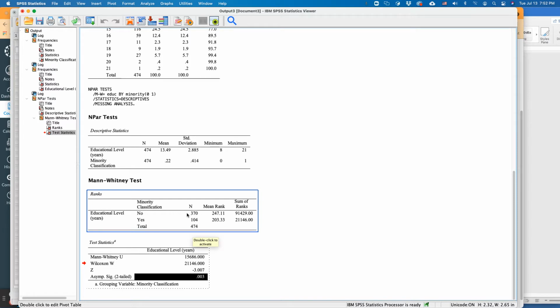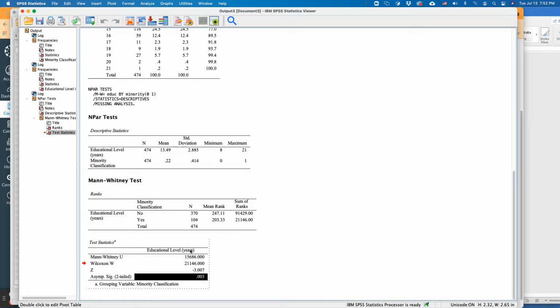As far as levels of education is concerned, those with the minority classification of 0 have a mean rank of 247, whereas those with the yes have a mean rank of 203.